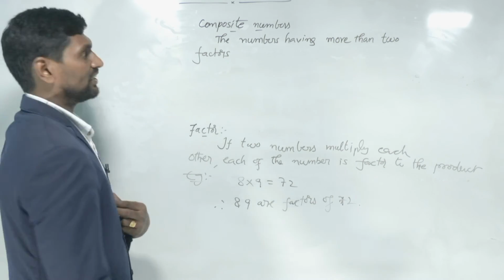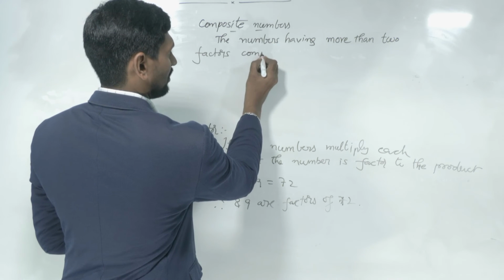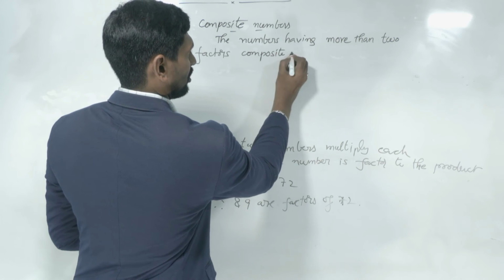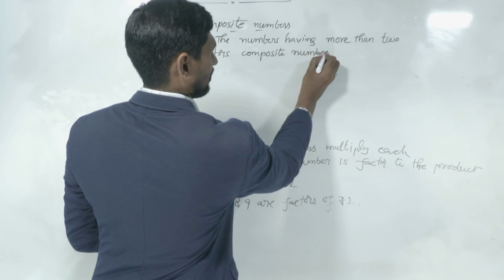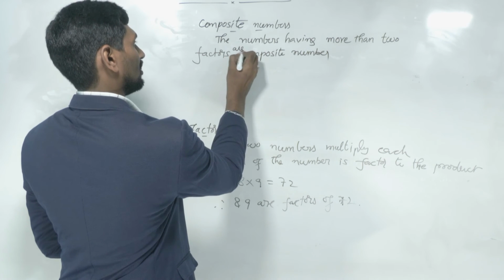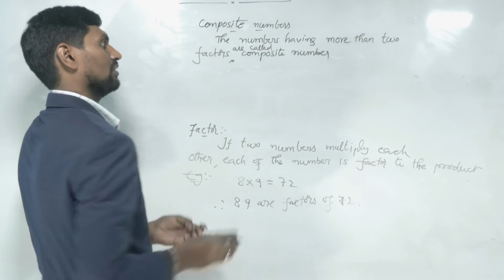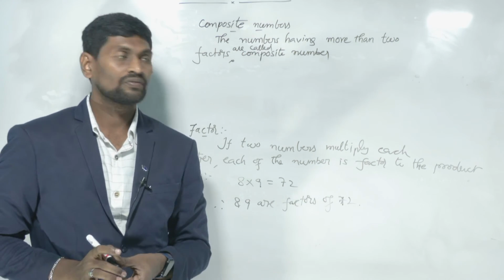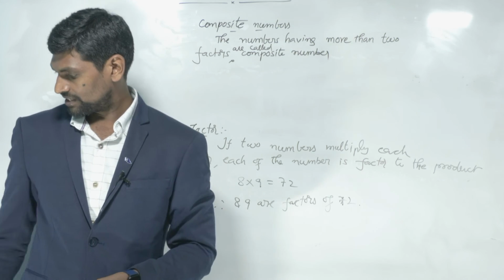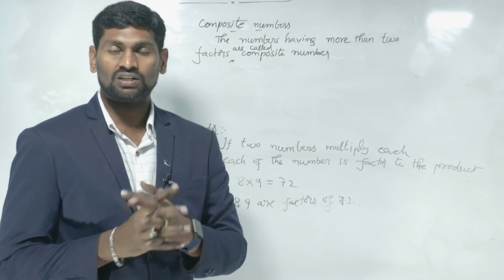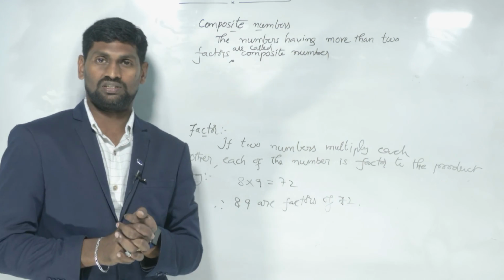More than two factors are called composite numbers. Okay? The numbers having more than two factors are called composite numbers.